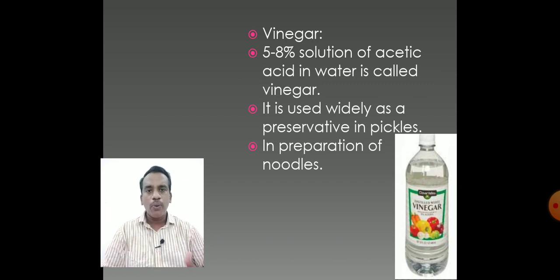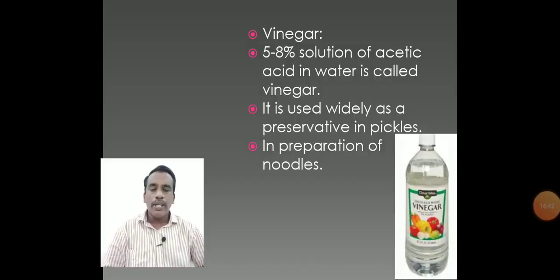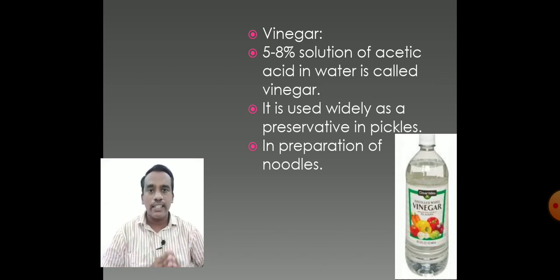Similarly, when you take 92 ml of water and add 8 ml of acetic acid, it is called 8% acetic acid. This is what we call a diluted acid, and we give it the name vinegar.